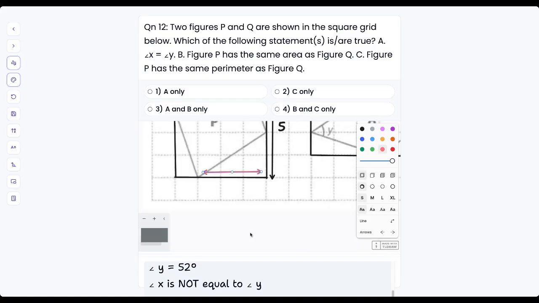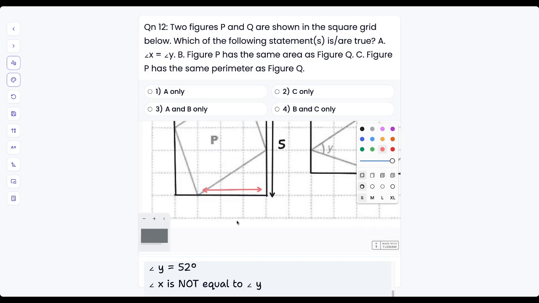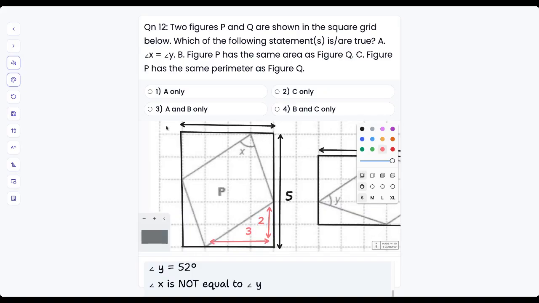This here is 3, and this one is 2. If you look at the diagonally opposite one, it's actually the same. So this over here is 2, and this is 3.